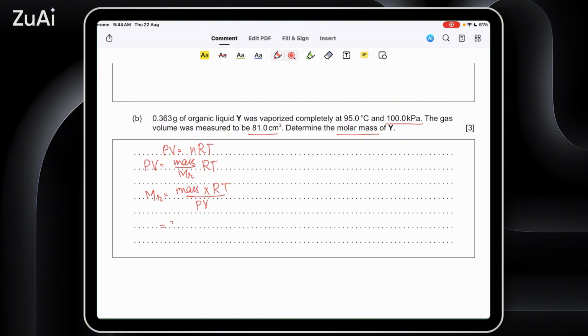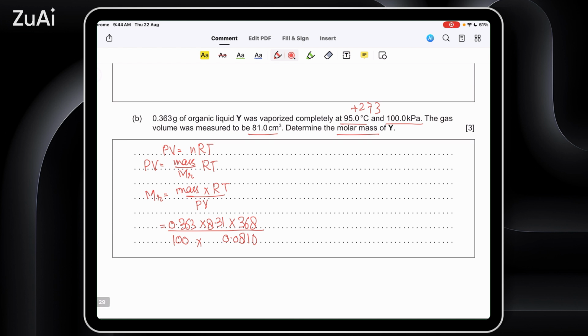We will have the mass, which is 0.363, times R, which is always 8.31, and the temperature is given, that is 95 plus 273, so 368, divided by pressure 100 times volume, which should be in meter cube, so 0.0810, right?